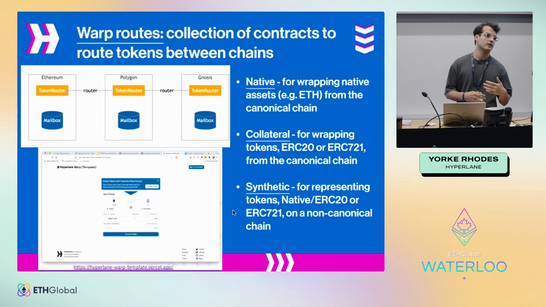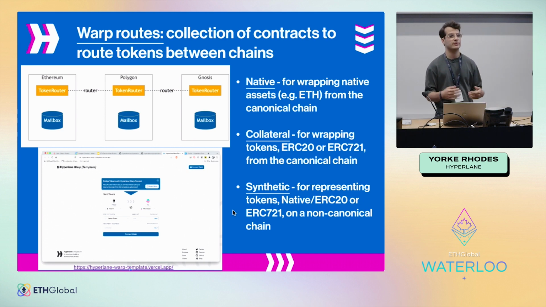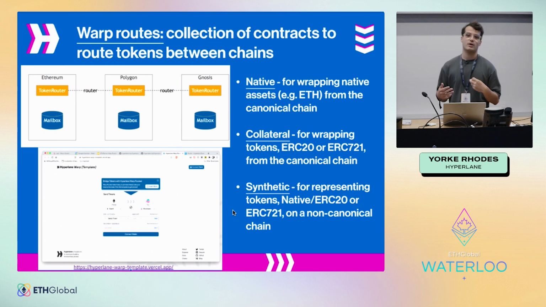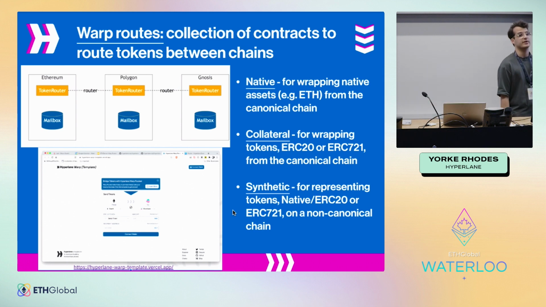Again, the modularity of Hyperlane allows you to evolve and configure the security of this warp route. So you could, just as an example, which a lot of customers are excited about, have application-specific security.